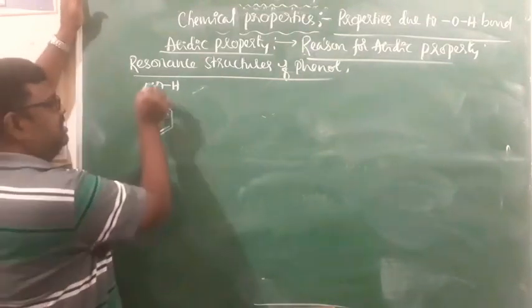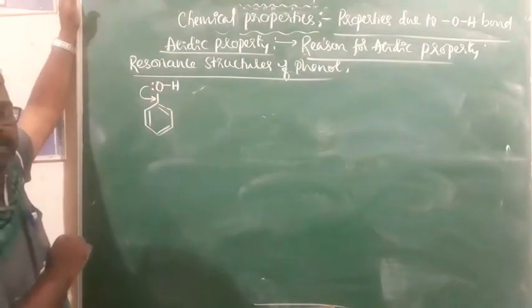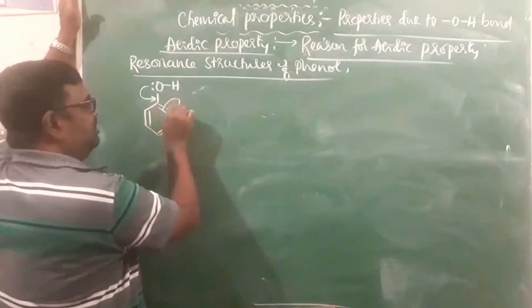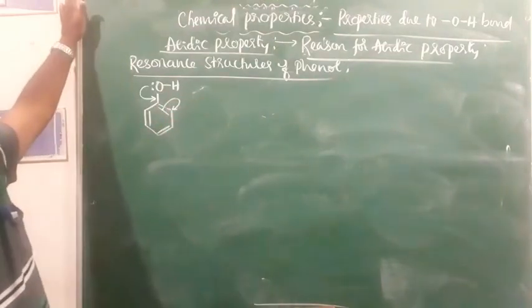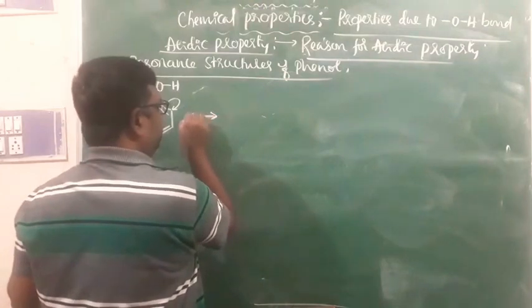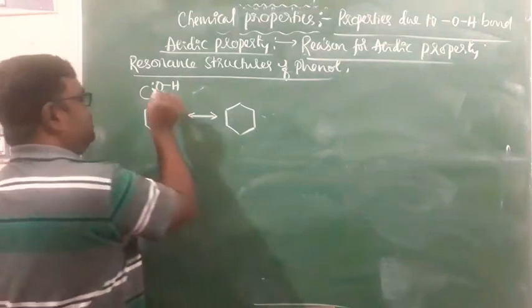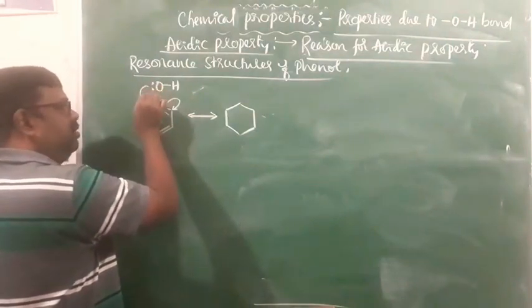Therefore, the lone pair of electrons will move towards the benzene ring, and the pi electrons will be shifted over to a carbon atom of benzene.